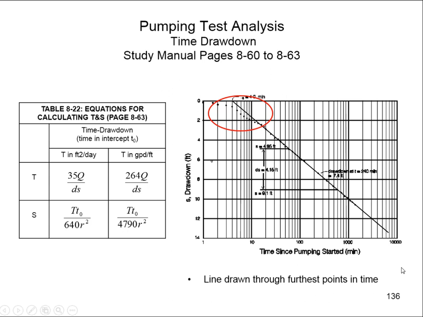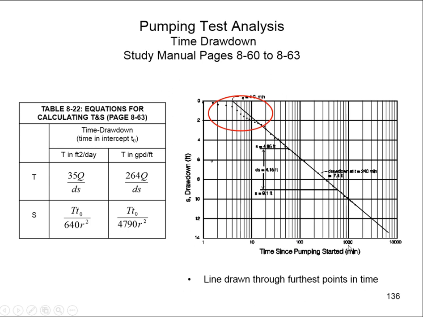The second thing we need from this graph is the slope of the line, which is the change in drawdown that occurs in a log cycle. A log cycle is between 10 and 100, 20 to 200, 50 to 500, wherever it's convenient to come up with a log cycle.